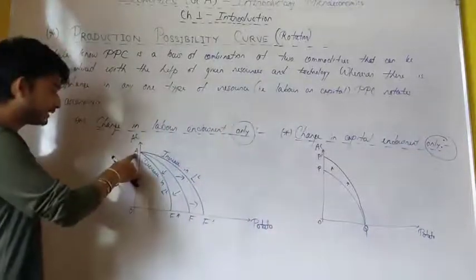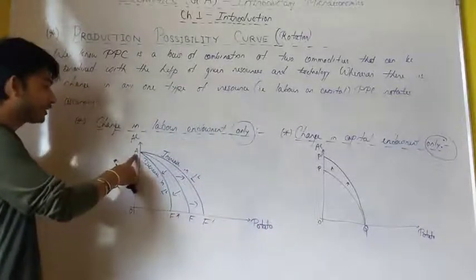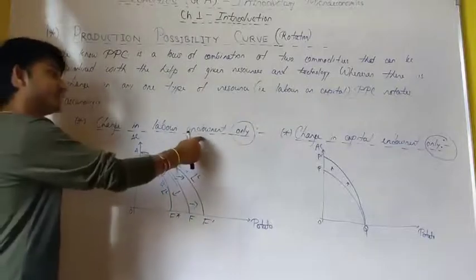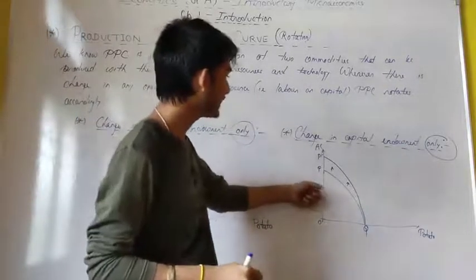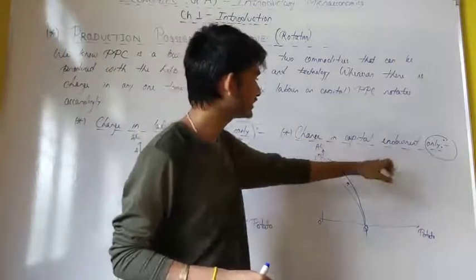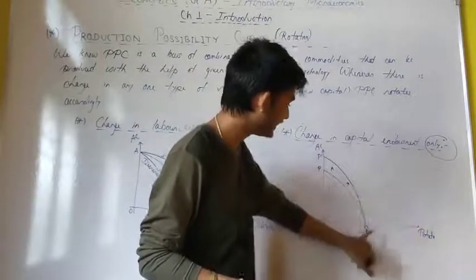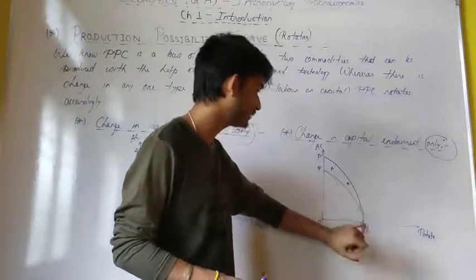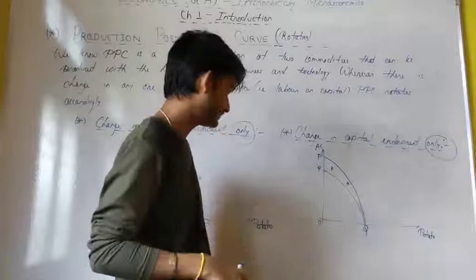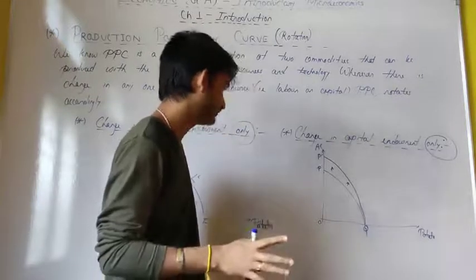In the earlier diagram, point A remained the same because the change was associated with labor endowment only, but in this diagram the change is associated with capital endowment only. Hence this labor intensive item point, which is Q, remains at its own place. It didn't shift at all.